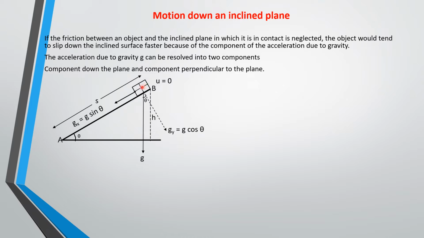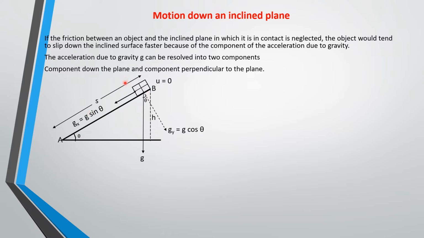The component that is parallel to the plane, gs, equals g sine theta, while the one that is perpendicular to the plane is g cos theta. If you know your simple trigonometrical ratios, you can solve it and get this.